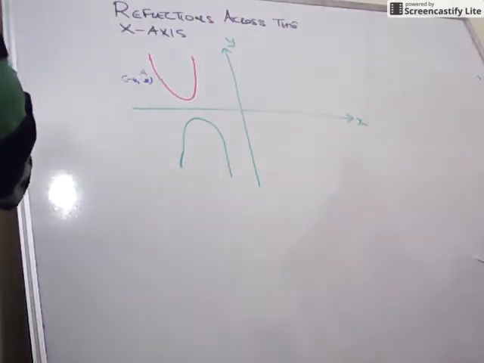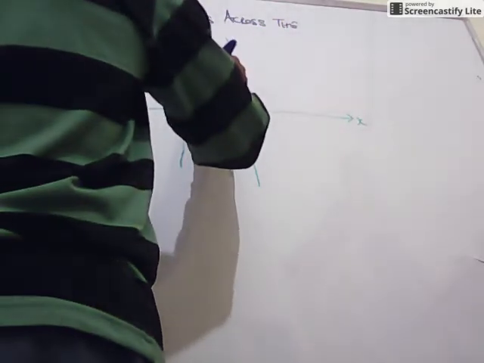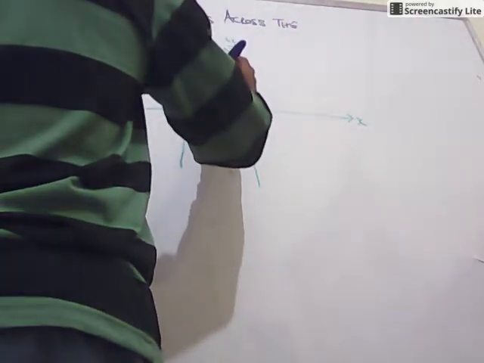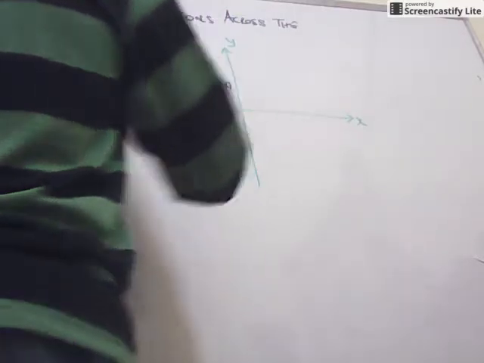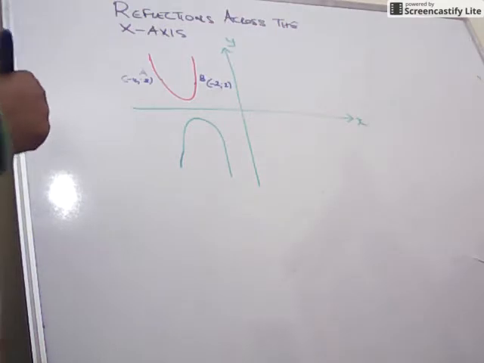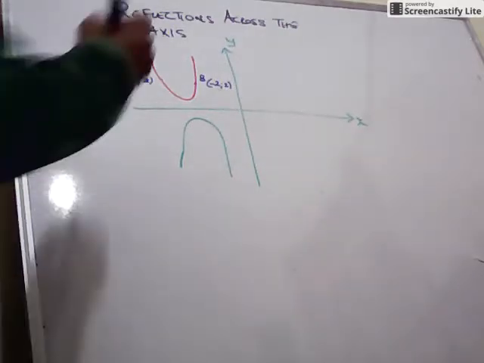The coordinates of point B would be -2 and 2. So these are the coordinates on my function. Let's call my function the function f.